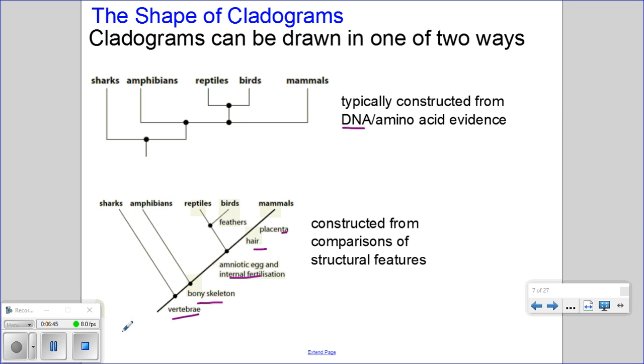And the first divergence point, or the one at the bottom of the line that diverges away, shares the least number of characteristics with these other animals, or shares the least number of characteristics with mammals, for example, that is found at the top of this cladogram.